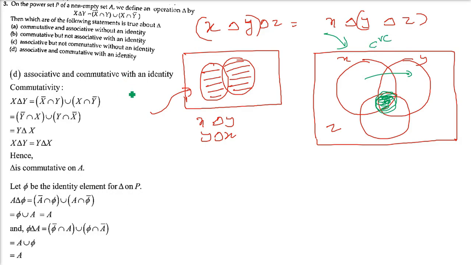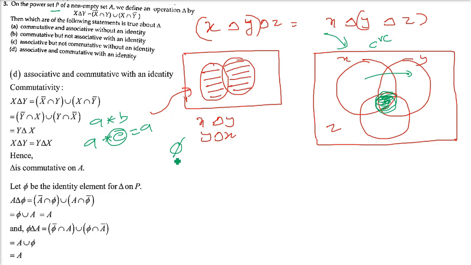Right? So coming now to identity. Identity exists. Why? Because every power set has phi always inside it. Phi is null. It is not empty, because a set with phi will always have something which is null. So A star E, if at all we get A back, then we say that E is our identity element, and that is what we have to find out.